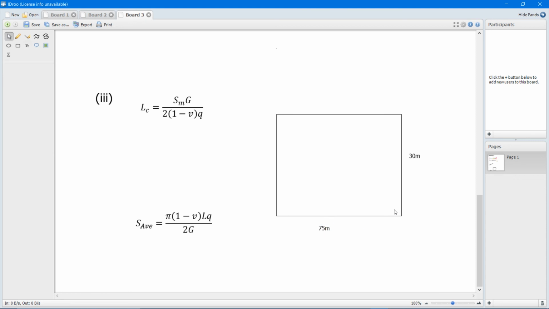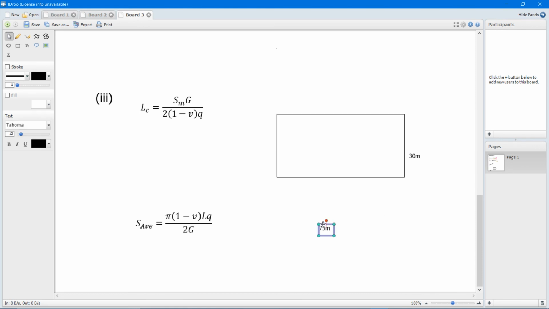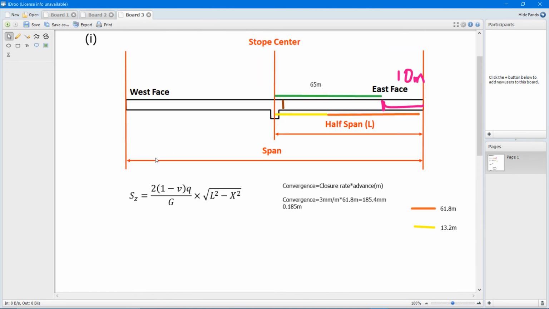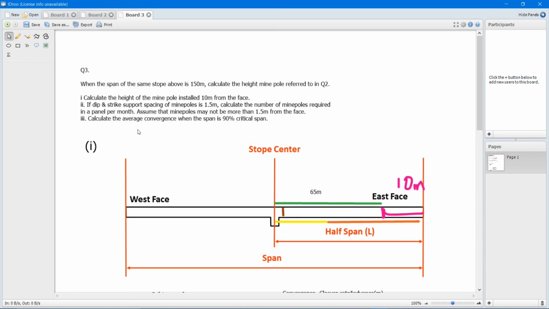For the sake of illustration, let's make sure it looks accurate. So the question is saying, if dip and strike support spacing of mine poles is 1.5 meters, how many poles are required in a panel each month?